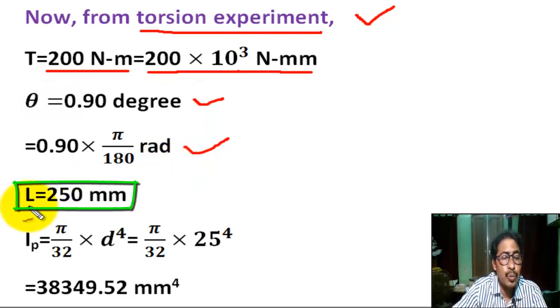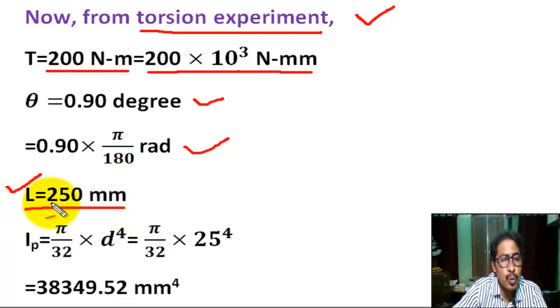L equal to length of steel bar on which torsional test is being done. Torsional test is done on length L equal to 250 millimeter.